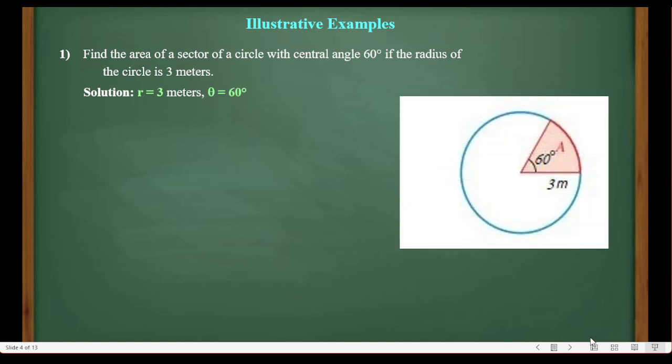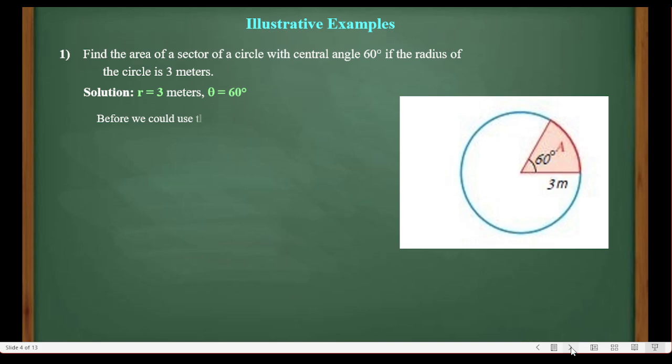And let us consider an illustration of a circle with the central angle whose measure is 60 degrees and the length of one radius is 3 centimeters. The shaded portion is the sector of this circle, which is the one we're looking for.